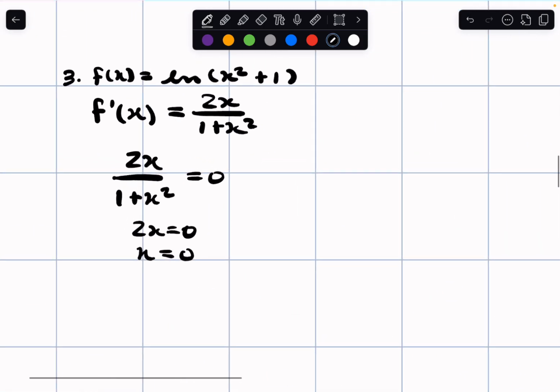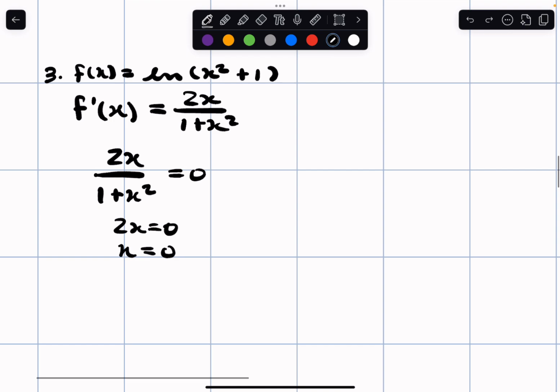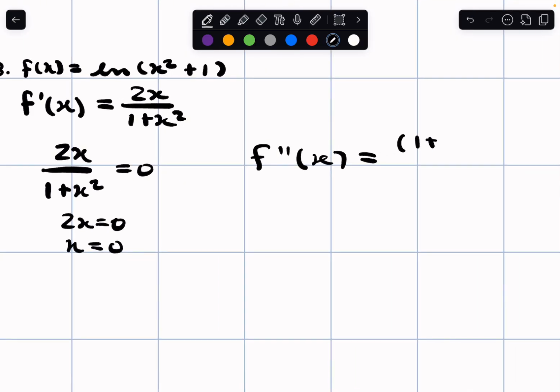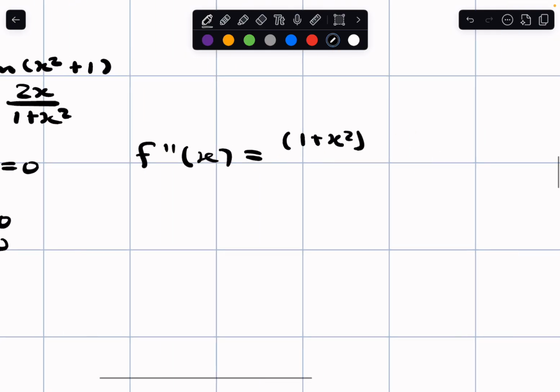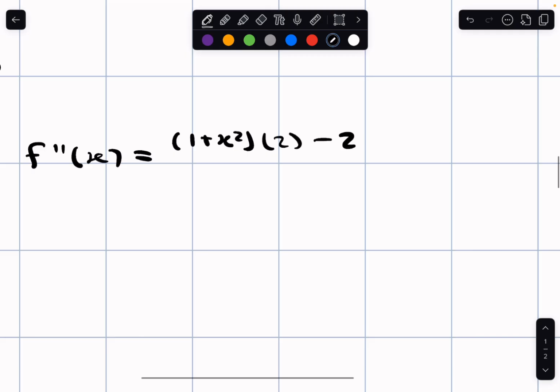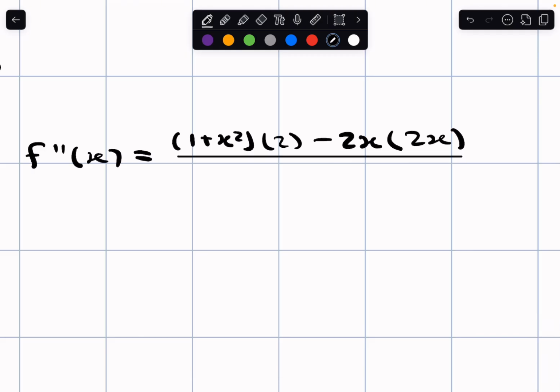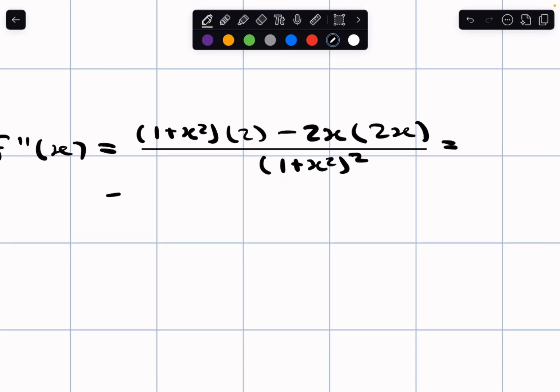Okay, now we're going to have to do the second derivative of f, or the derivative of f prime. So f double prime of x, remember we did low d high, so the derivative of the high, so it's 2, minus high d low, which would be 2x, and then we'll square the low. All right, and then we'll simplify the top to make the calculation easier.